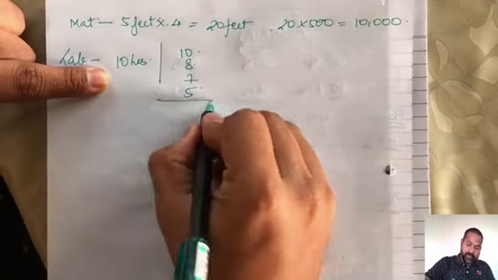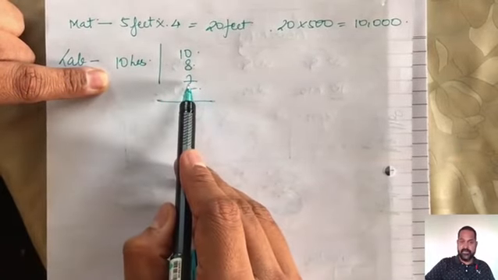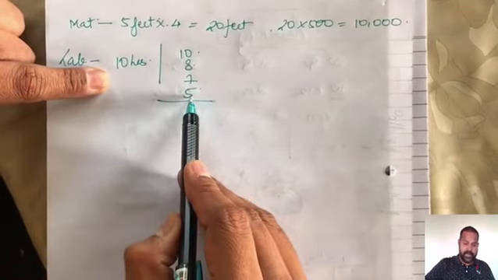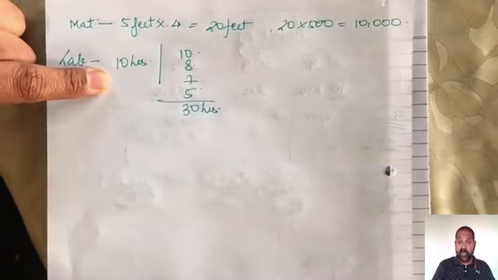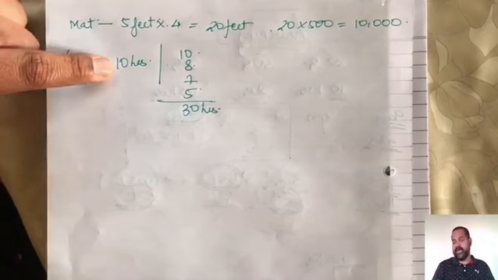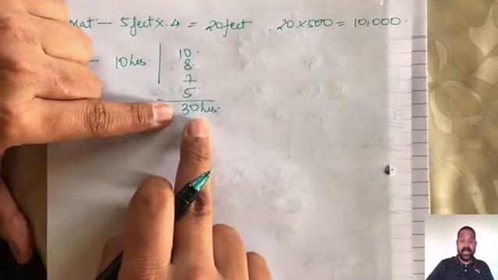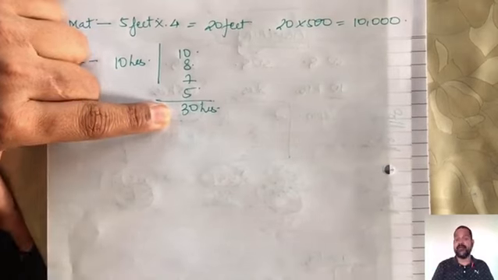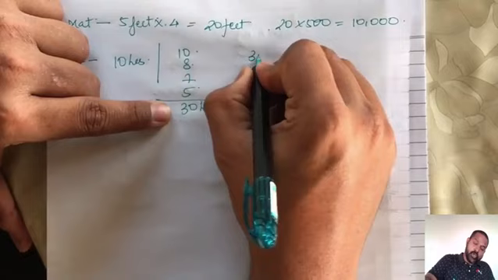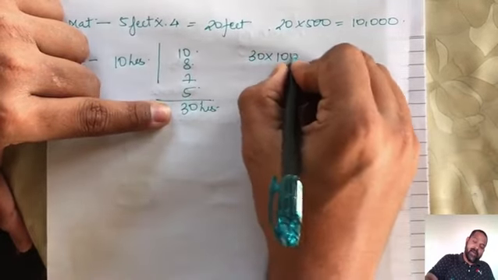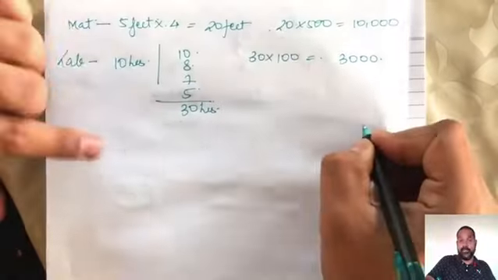The total time taken for the 4 chairs is 8 plus 7 is 15, plus 5 is 20, plus 10 is 30. So the total time required for the 4 chairs is not 10 into 4, which is 40 hours. It is 30 hours, understanding learning curve. This person is also paying the laborer the same 100 rupees an hour. So it costs 3,000 rupees on labor.